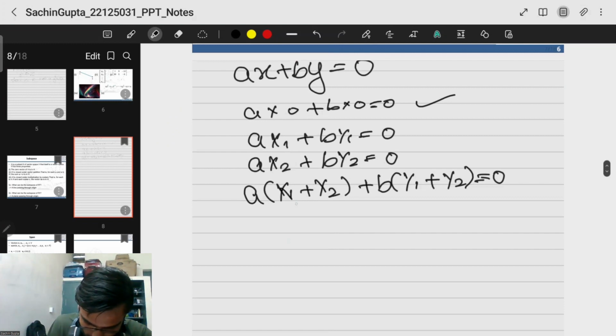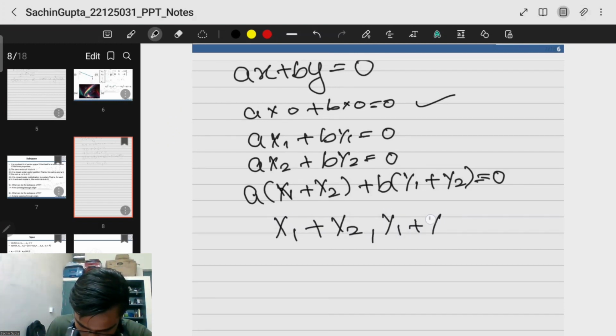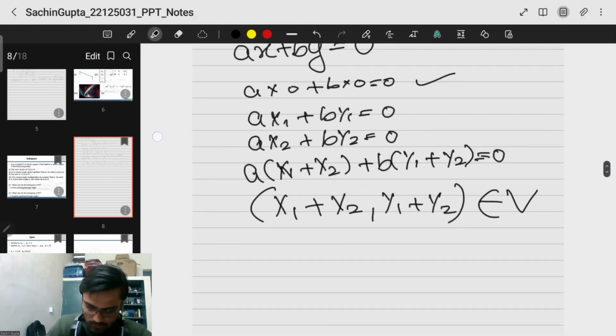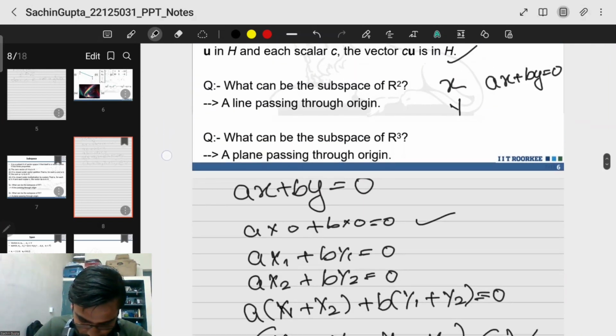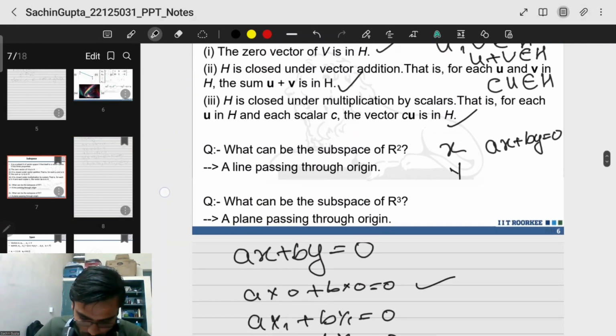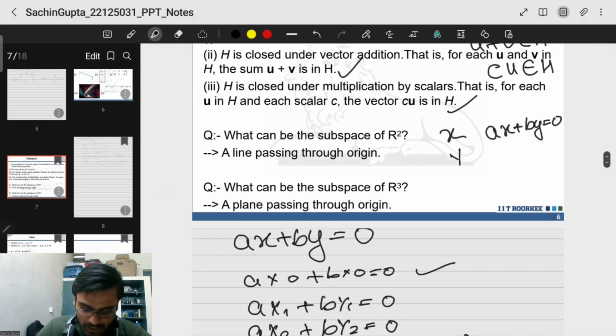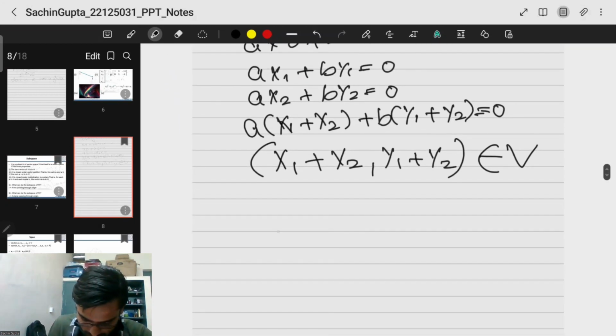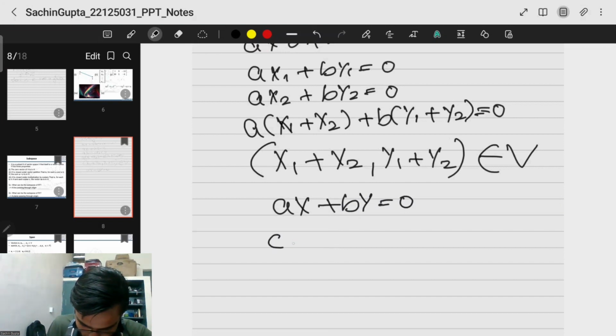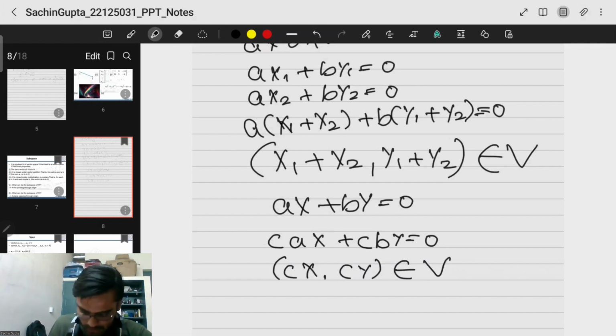x1 plus x2, y1 plus y2 also belongs to the vector space. So the second property is also satisfied. The third property is closed under multiplication by a scalar. That is, if ax plus by equal to 0, then Cx comma Cy also belongs to the vector space.